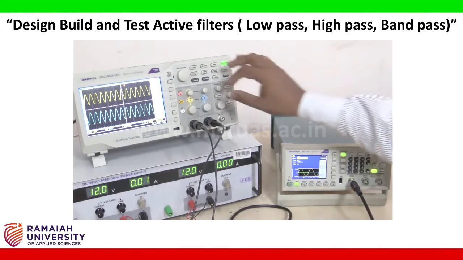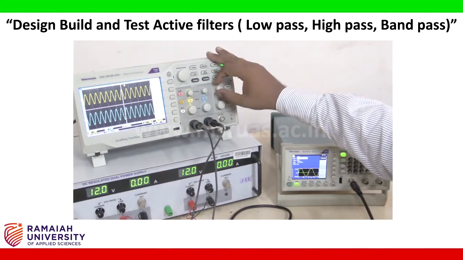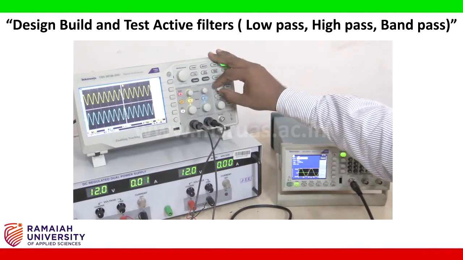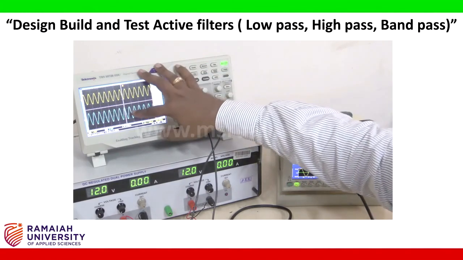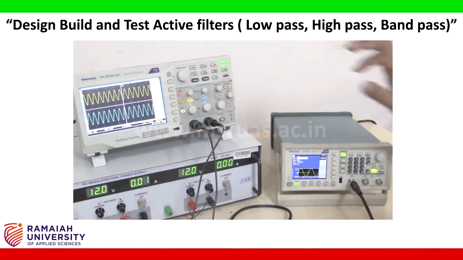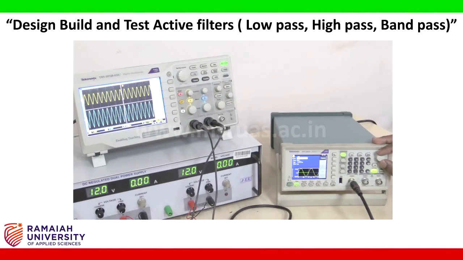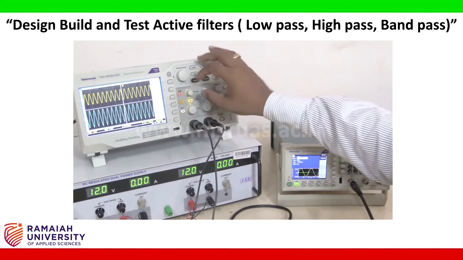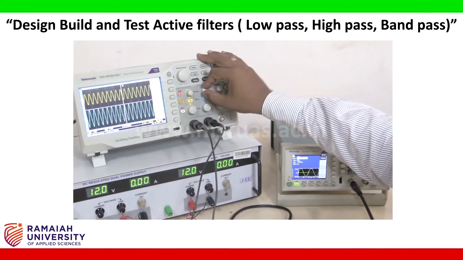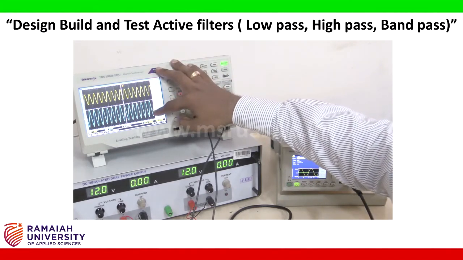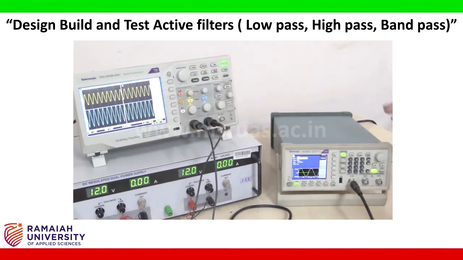You can get the signal of 2.2 volt peak to peak. Later on you increment it to 700 Hz. At 700 Hz you are getting the output 1, 2, 3, 3.2 volt peak to peak.